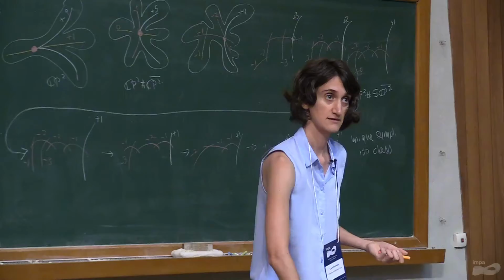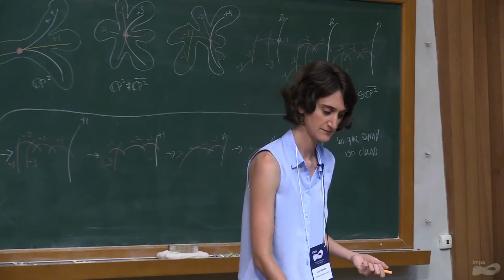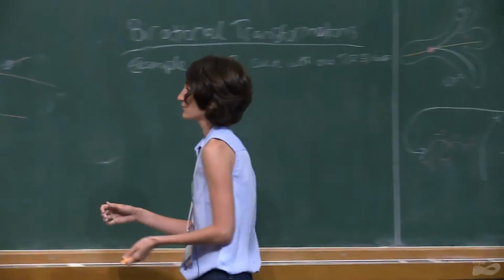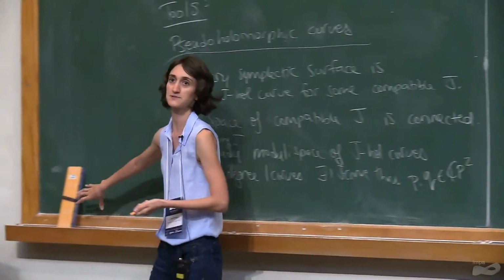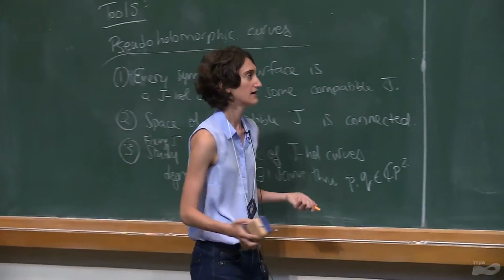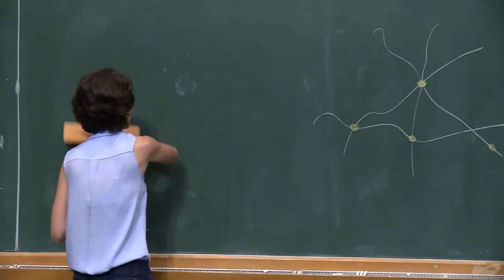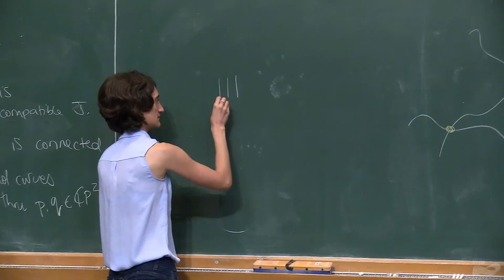Yeah? Are the birational transformations for torus knots well understood? Is that why it works so well for... Yeah, so basically the number of times that you have to blow up to smooth something can be determined by which knot you have. And torus knots are simpler.